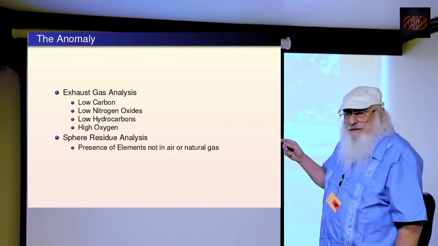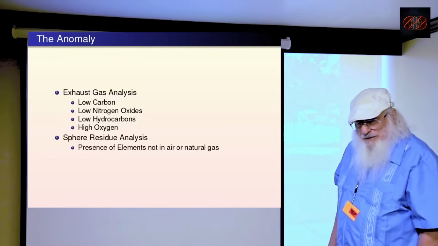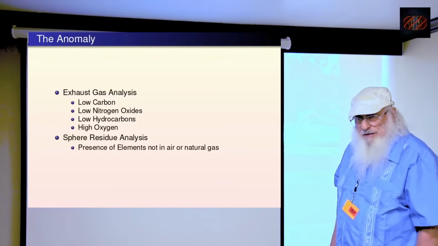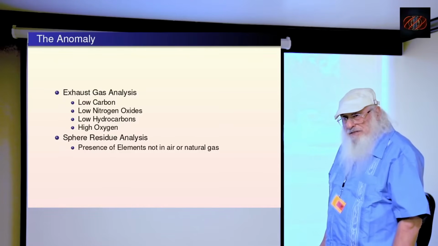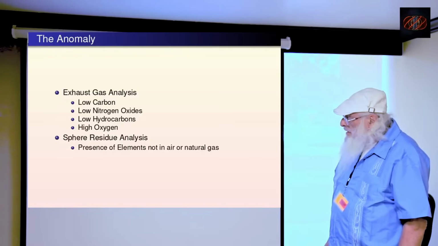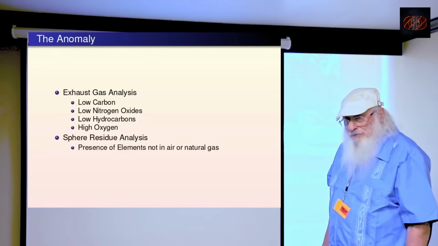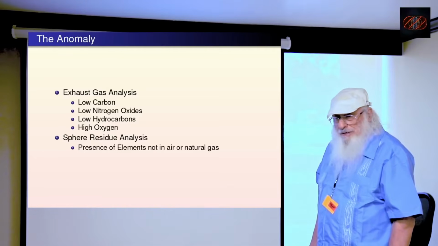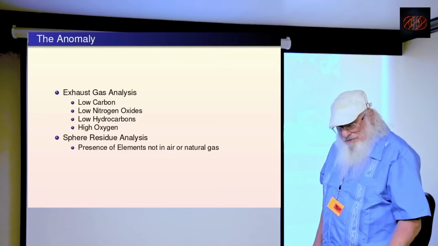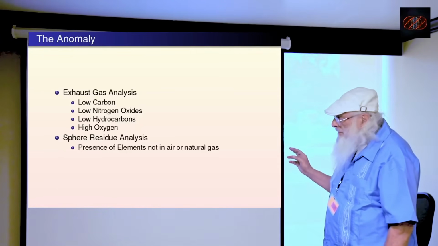But what we find when we look at the gases is that it's low carbon dioxide, maybe in the 1% area, rather than 10%. Low nitrogen oxides, which typically are around 1%, they disappear. Low hydrocarbons, also typically in the 1% area, disappear.